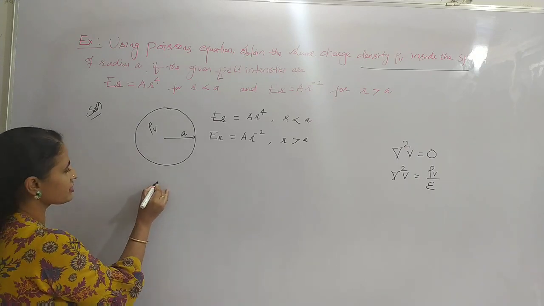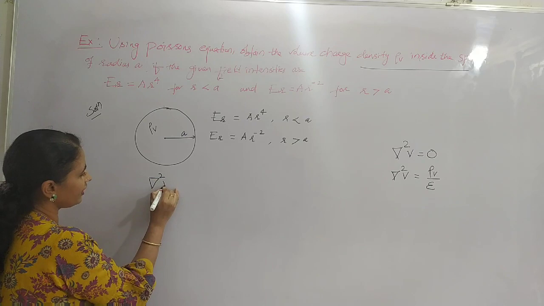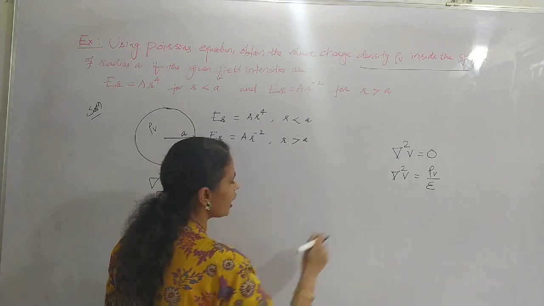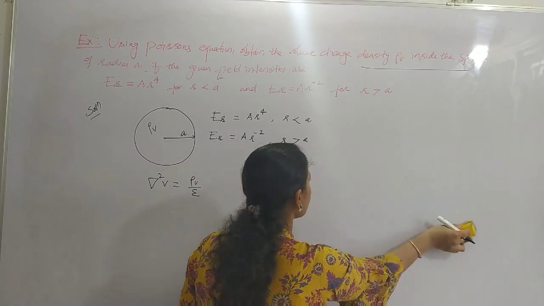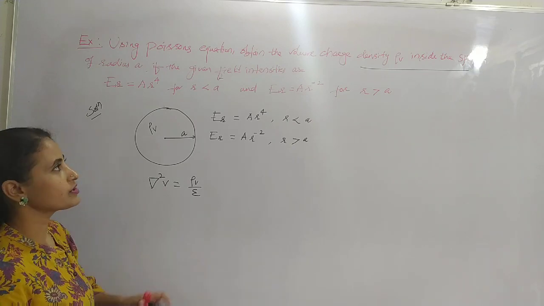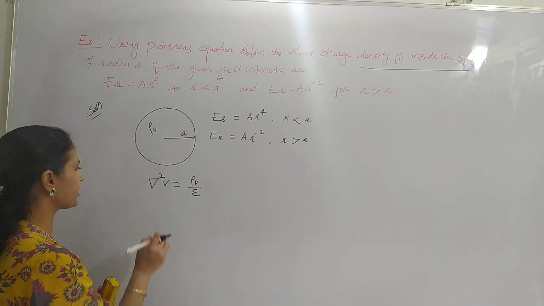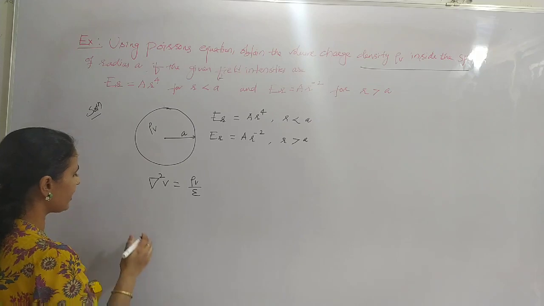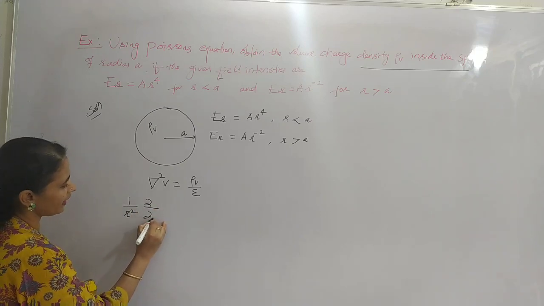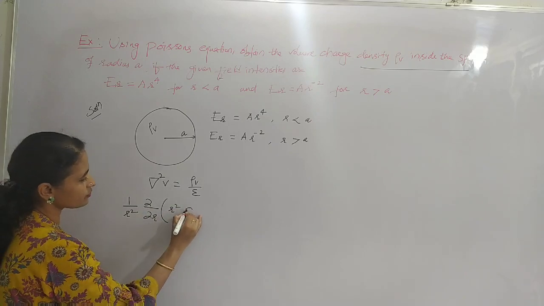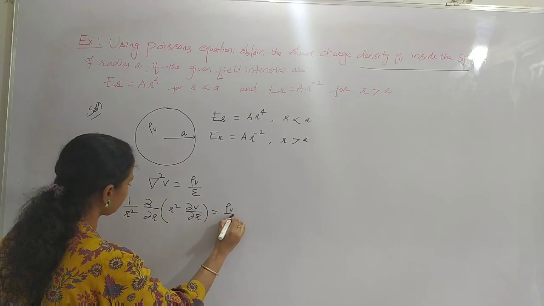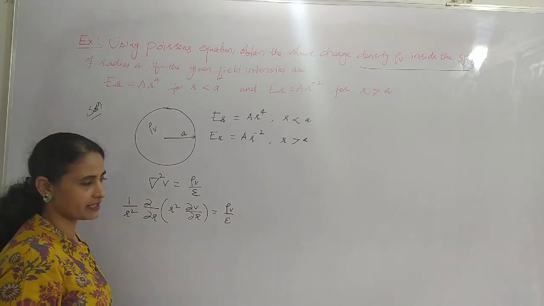Our Poisson's equation is del square V equals rho V by epsilon. Because it is a sphere, in the spherical coordinate system we write del square V as 1 by r square into dou by dou r of r square into dou V by dou r, equal to rho V by epsilon.